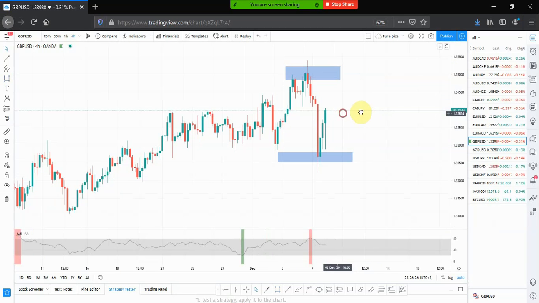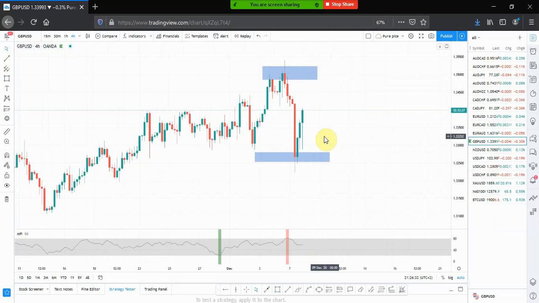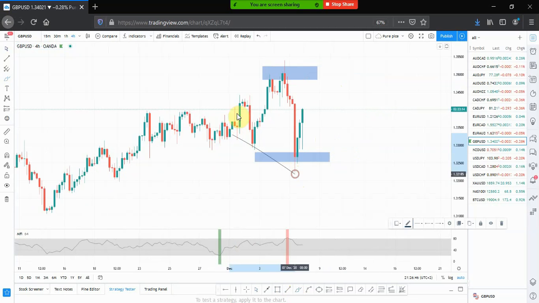While price is between that high and this low, it is still not a decided market. The market has not taken direction yet. We don't know if it's a buyers or sellers market at the moment, because it was a push on the downside, and it also was a push on the upside. So we don't know which direction this market has taken yet.